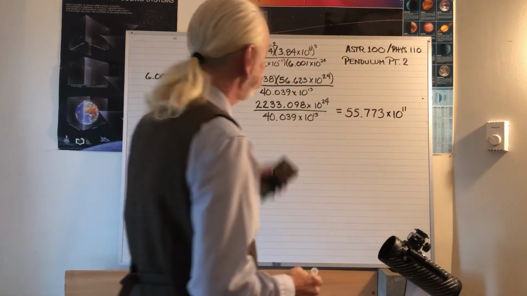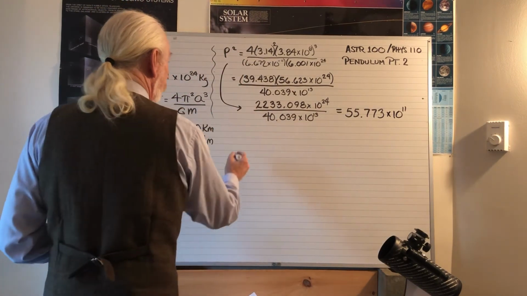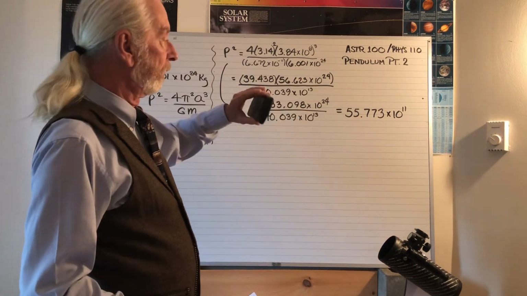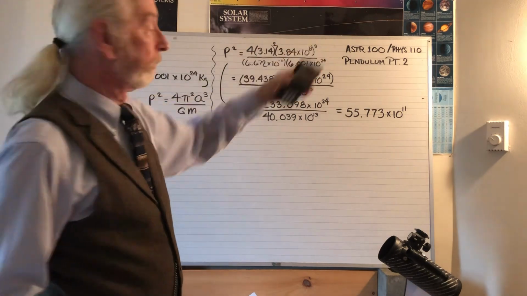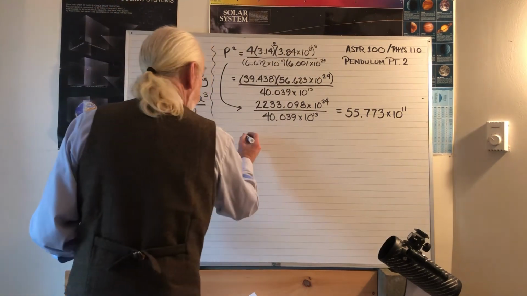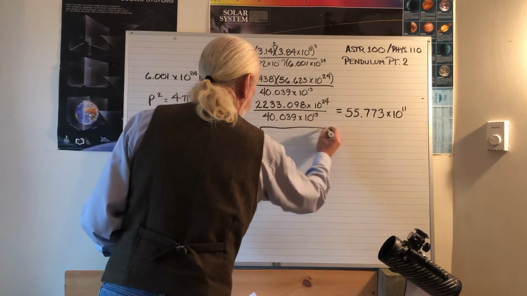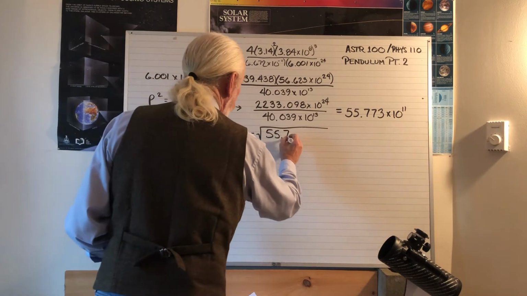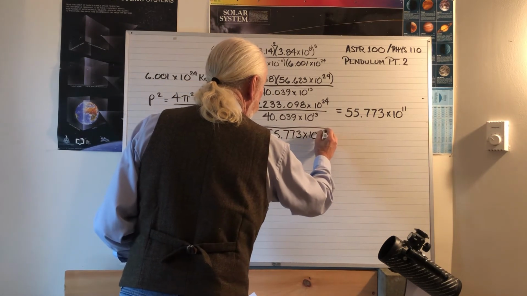All right, now, remember, this is p squared. So that's what p squared is. And we don't want p squared, we want p. So how do you unsquare something? Well, you square root it. So p is going to equal the square root of 55.773 times 10 to the 11th.